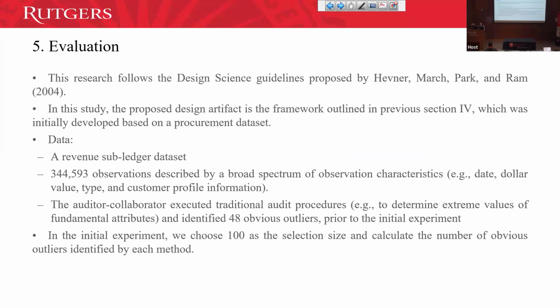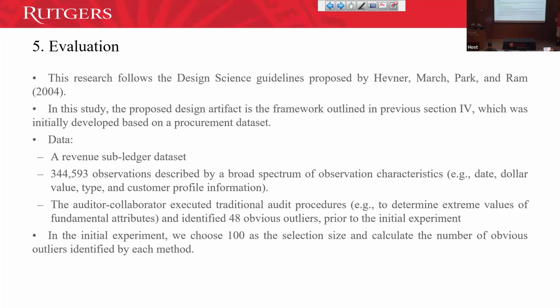And I will briefly discuss the evaluation results. In this evaluation, we focus on a revenue subledger dataset from our audit partners, and we perform these two-run experiments. In the initial run, we select the credible algorithms, which really make sense in a specific engagement context. And secondly, we rerun the credible algorithms to discover several non-obvious outliers.